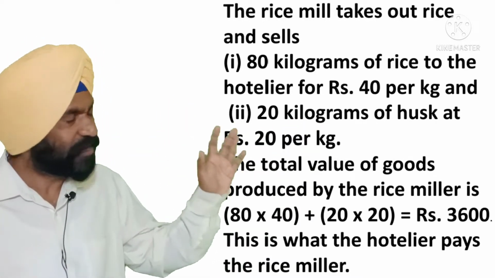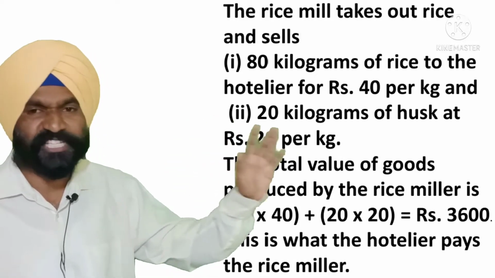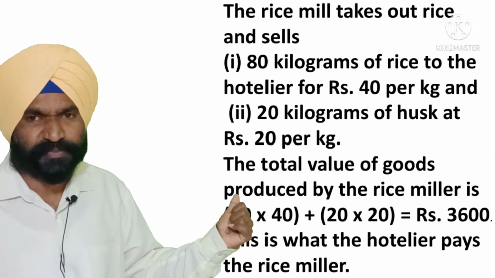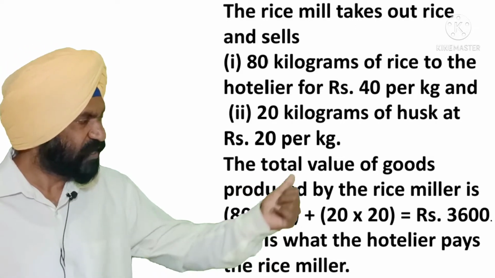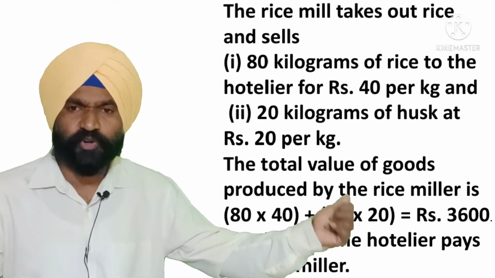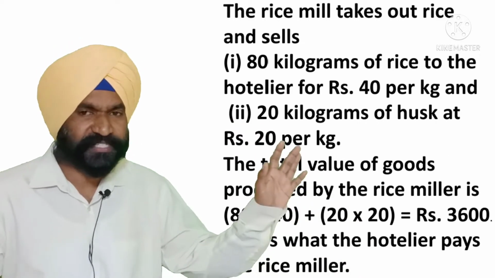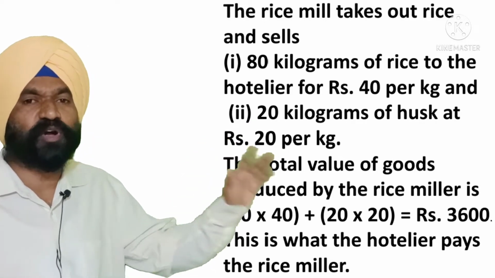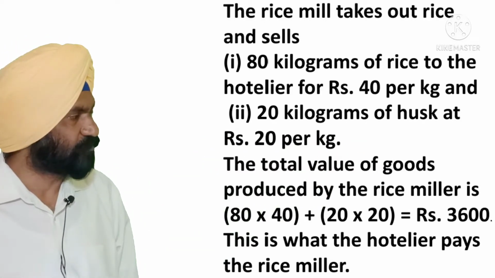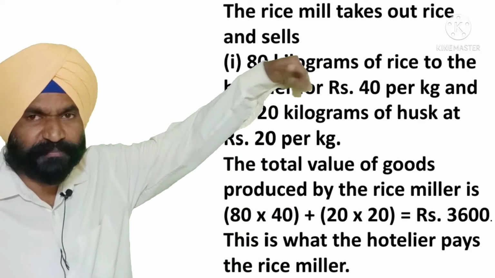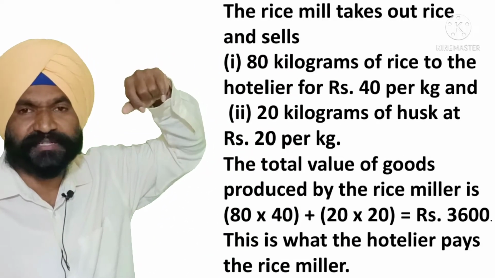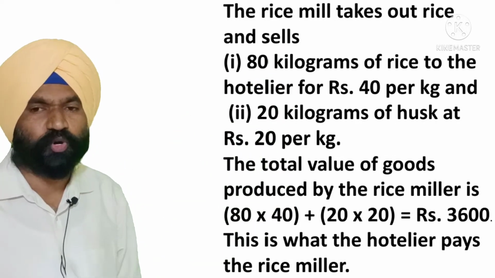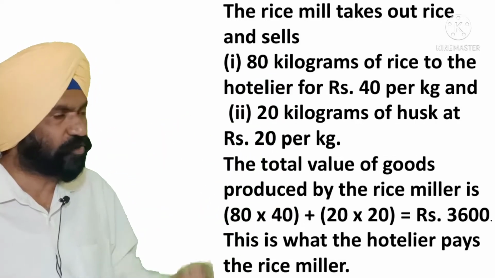Now the total value of goods produced by the rice miller is 80 kilograms of rice into 40 rupees per kg plus 20 kilograms of husk into 20 rupees per kg, which equals 3600. This is what the hotelier pays to the rice miller. The hotelier has purchased 80 kilograms of rice and 20 kilograms of husk, so he will pay 3600 rupees for both.